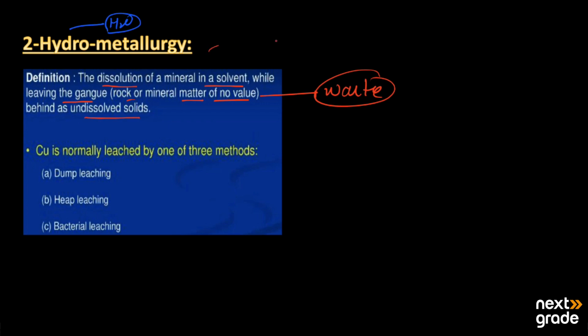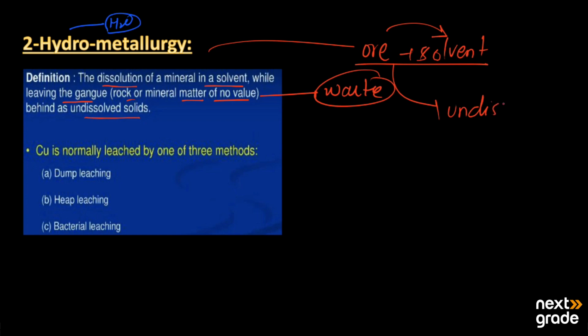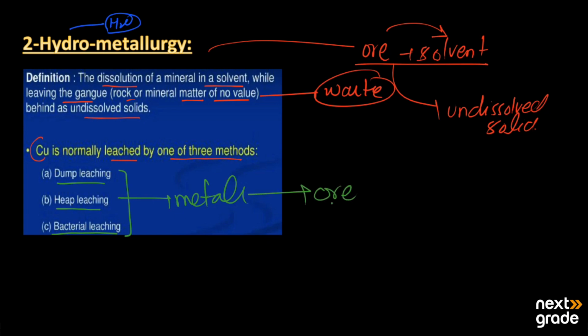So basically, the ore or mineral is dissolved in the solvent, and all the dissolved particles are in the solvent, leaving the undissolved solid. Here we have an example in which copper is normally leached by one of three methods: dump leaching, heap leaching, and bacterial leaching. These three methods are used for the separation of the metal from its ore. This was the second method and it was a simple method.